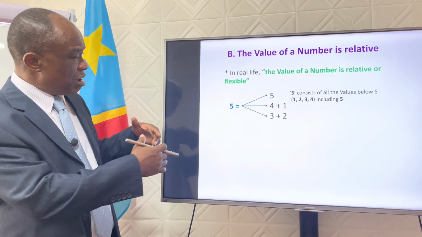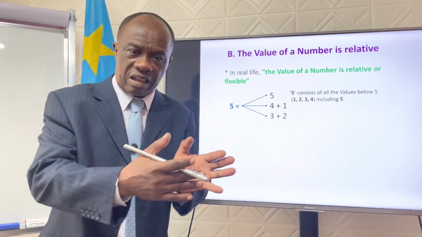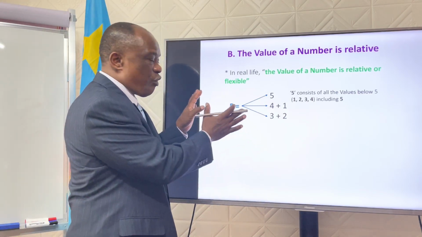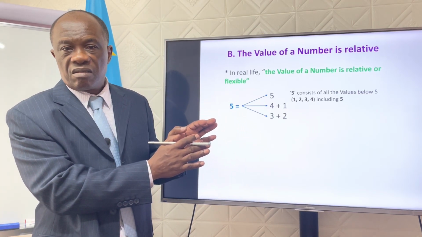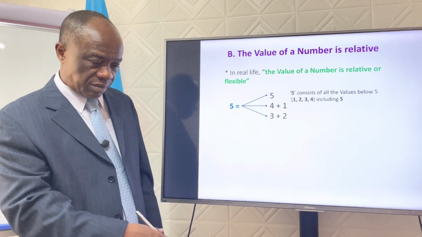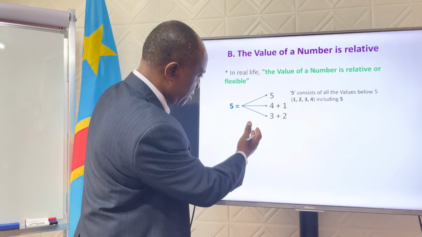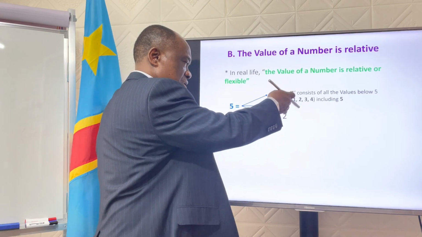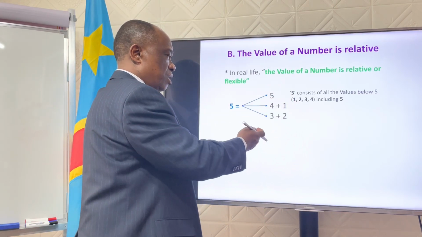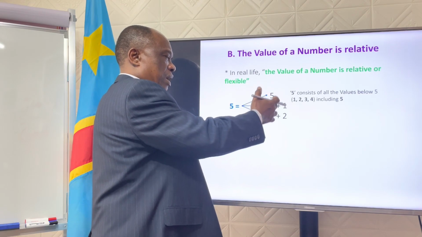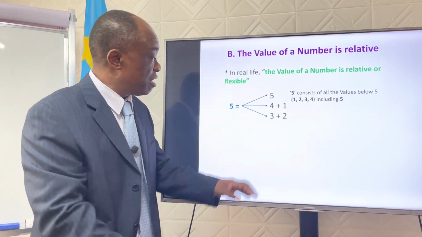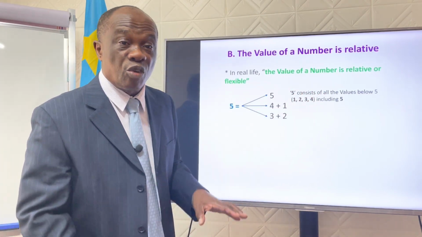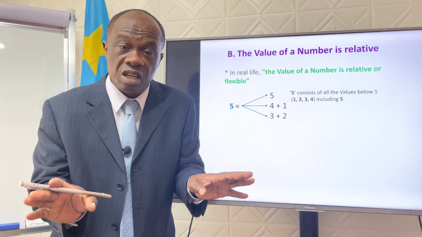So now, here you can go buying items worth $5. It means you can break again here. Maybe you have here 1 plus 1 plus 1 plus 2, 1 plus 3. So you can break down the 5 as you wish.